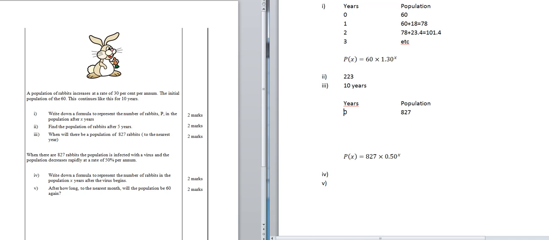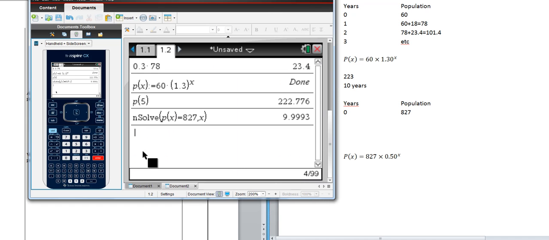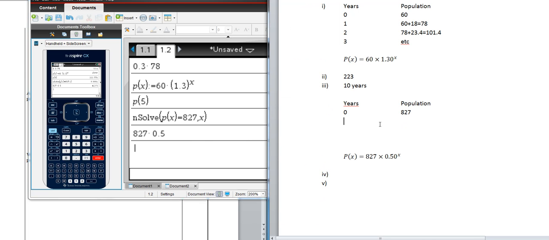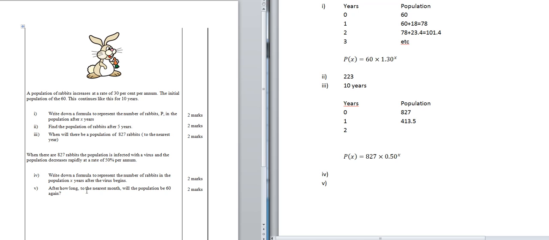So 827 times 0.50, 413.5. Can just keep going like this. After 2 years is 50% of this, so a little bit more than 200, etc. And this is the formula that will represent how this develops.